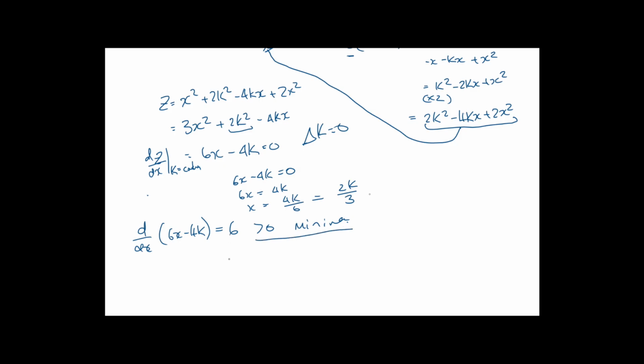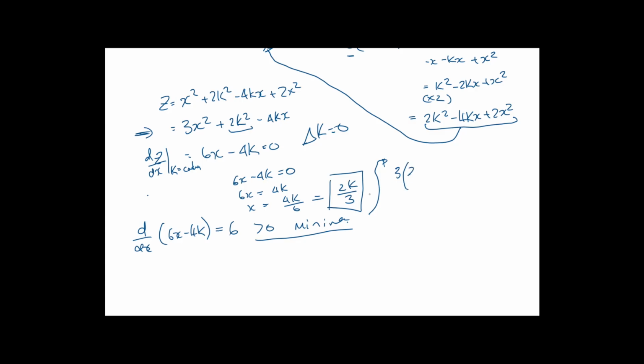Okay, so now that we've got this, let's prove that when we put this into this equation, we get what we wanted to. So I'm going to move over here. So I've got 3x squared, which we don't want.